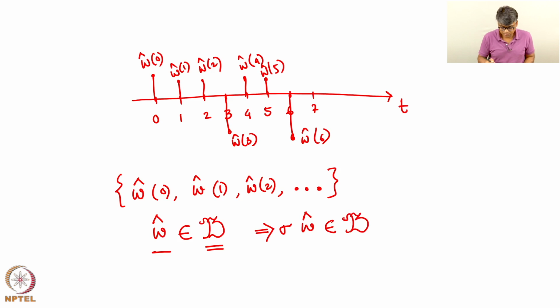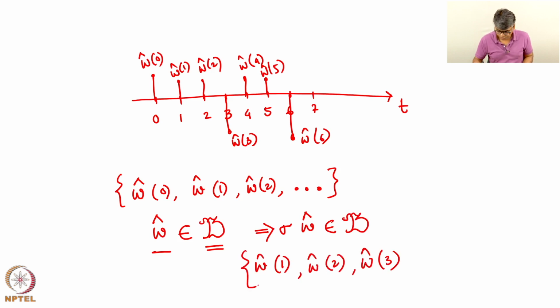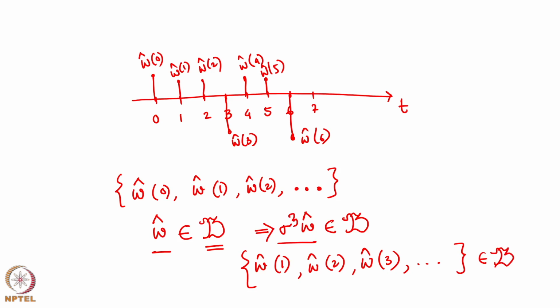That means w hat 1, w hat 2, w hat 3, a trajectory starting from w hat and going on like this, must also be a part of the behavior. Not just that, now that sigma w hat is a part of the behavior, sigma square w hat must also be a part of the behavior, sigma cube must also be a part of the behavior.